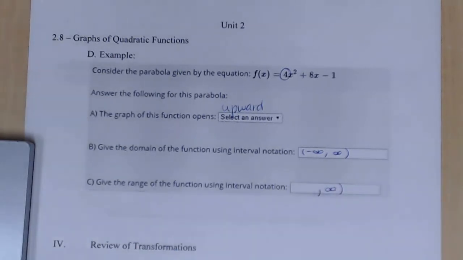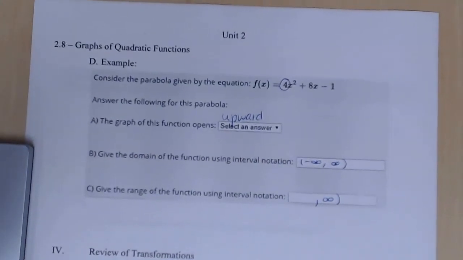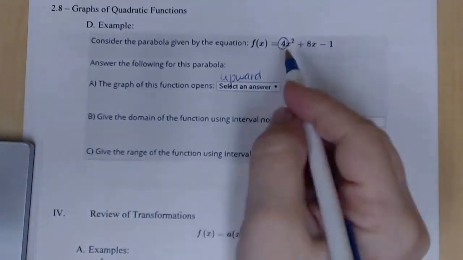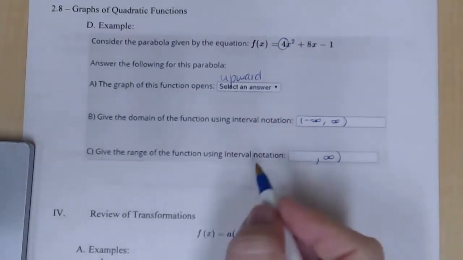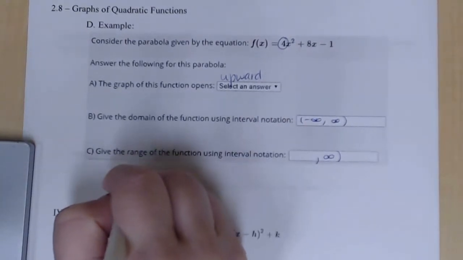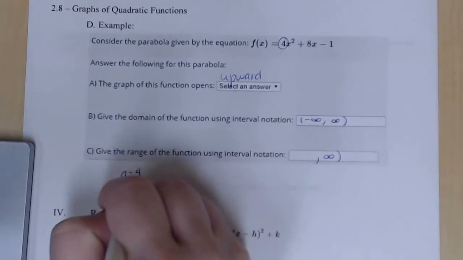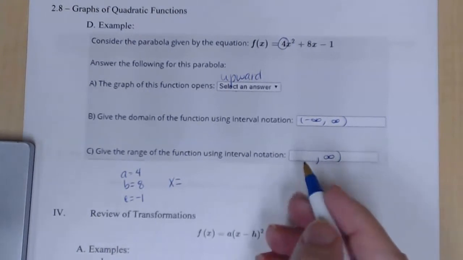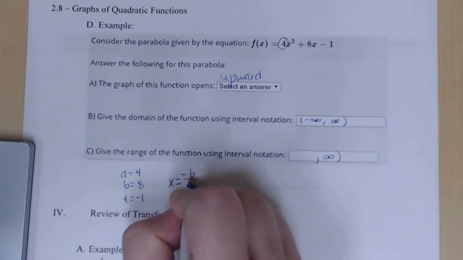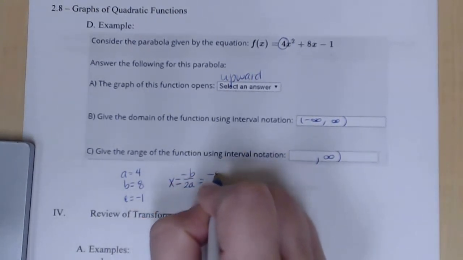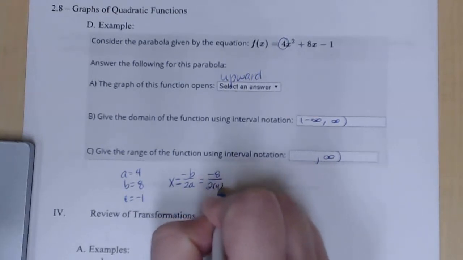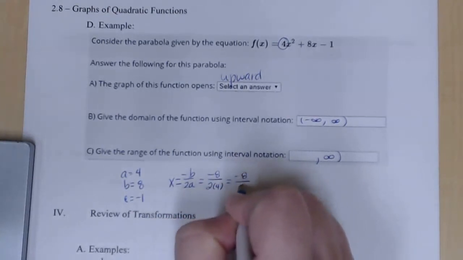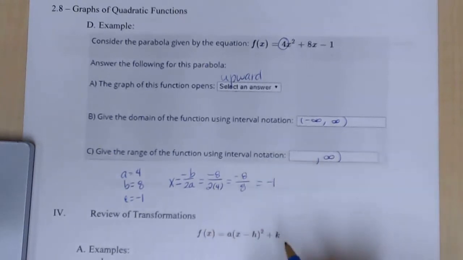And then we consider where that vertex is. It's in that general form here, so let's see, a is 4, b is 8, c is negative 1. I'll use my equation for the vertex, negative b over 2a. So it'd be negative 8 over 2 times 4, so negative 8 over 8, which is negative 1.